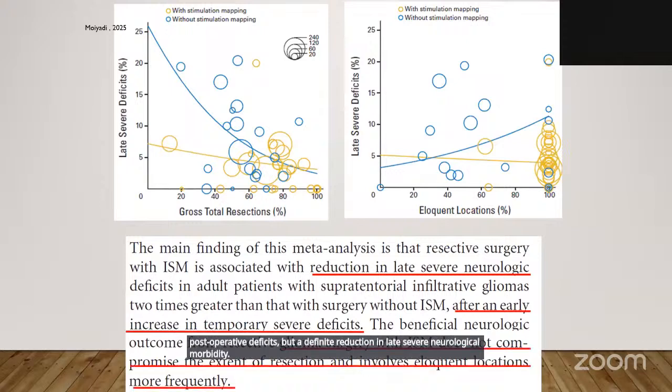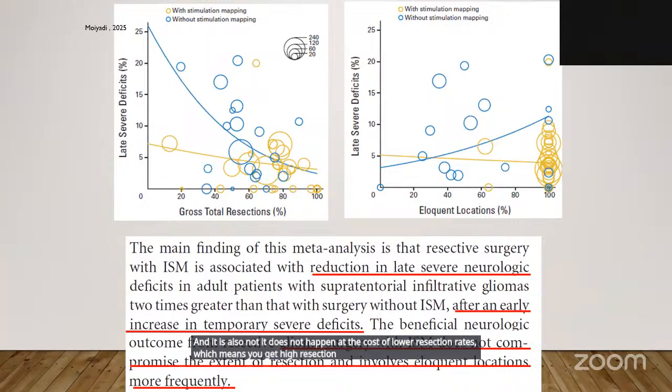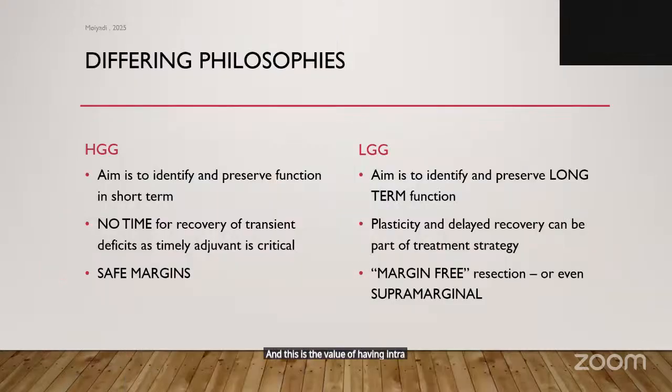And it does not happen at the cost of lower resection rates, which means you get high resection rates, even in eloquent regions, with lower long-term morbidity. And this is the value of having intraoperative functional mapping and monitoring.